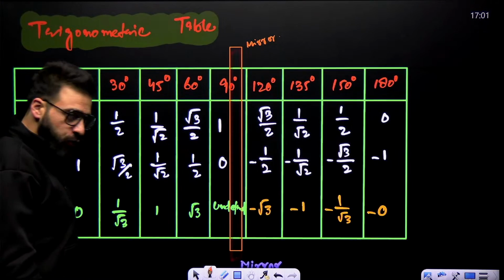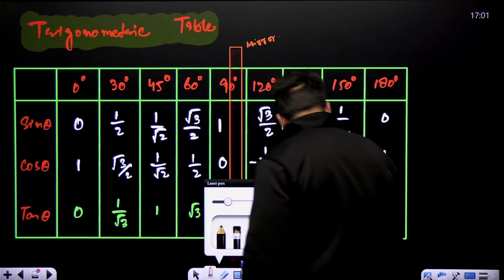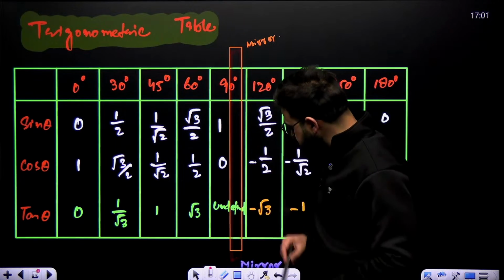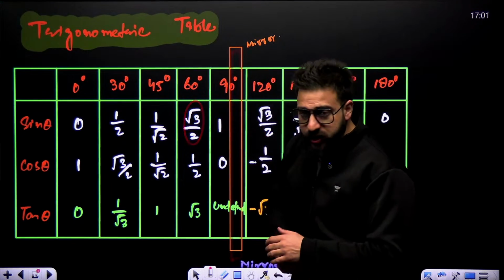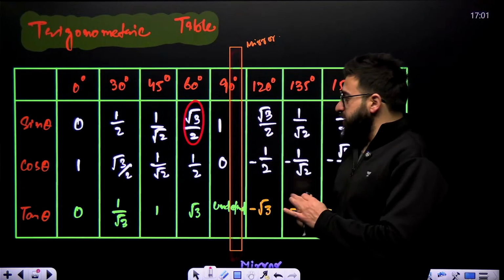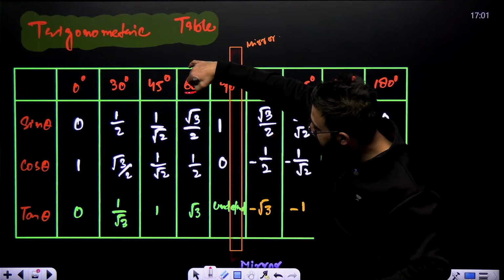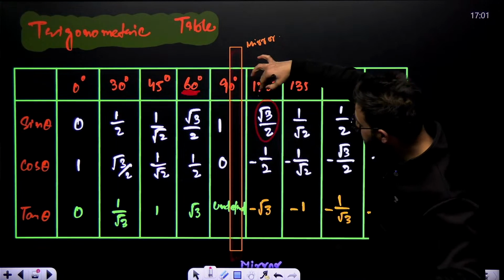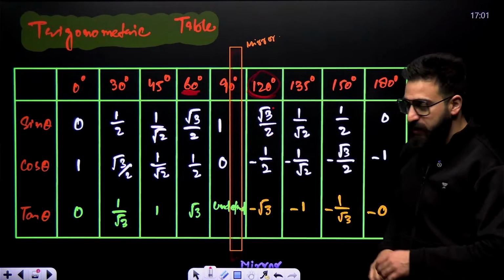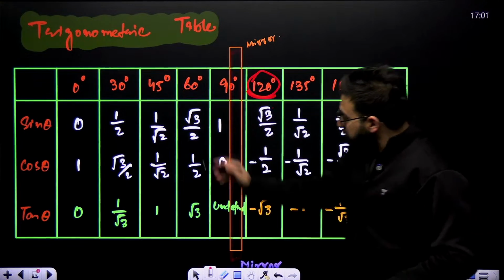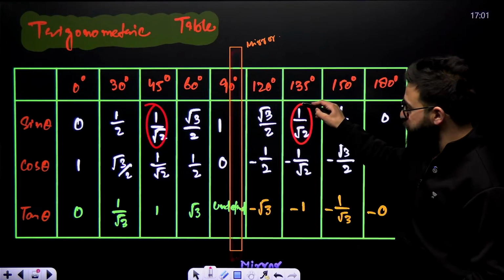Yes, sir, we know it. Now, guys, tell me one thing. If you are placing the mirror exactly at this 90 degrees, in front of the mirror you have got root 3 by 2, and behind the mirror here also it will be root 3 by 2. So whatever is the value of sine, the same will be for 120. Here if you have got 1 by root 2, behind the mirror here also it is 1 by root 2.